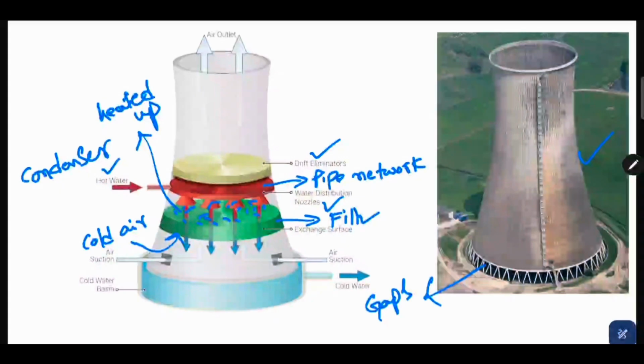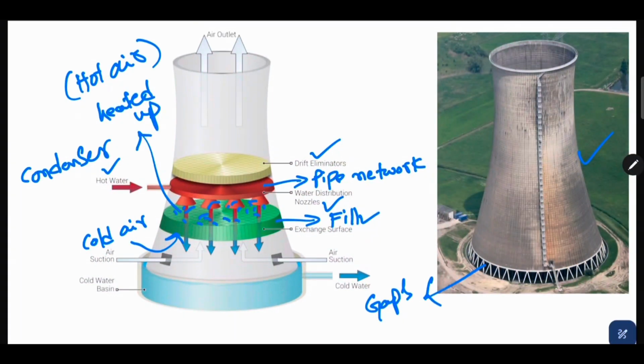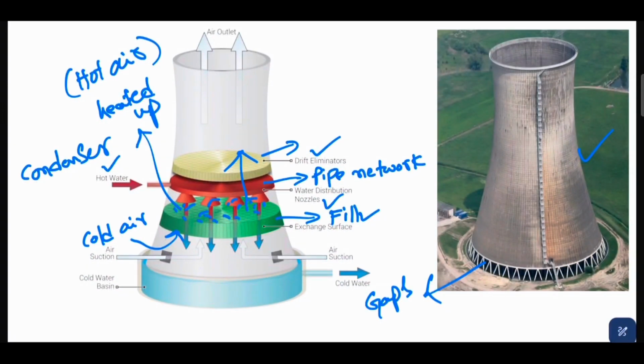Now in this portion we have hot air, and at the bottom we have cold air. We all know that hot air has less density and cold air has more density. Due to this density difference, the hot air gets pushed upward.